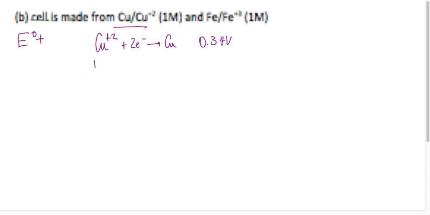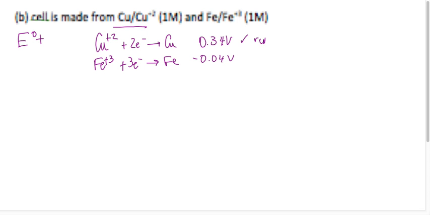And then we have iron plus 3 electrons. And I know these are both reduction. I get that. But I want to know what that value is. What is the reduction potential for 3 to 0 for iron? Negative 0.04. So of these two, which one is more apt to be reduced? The copper.